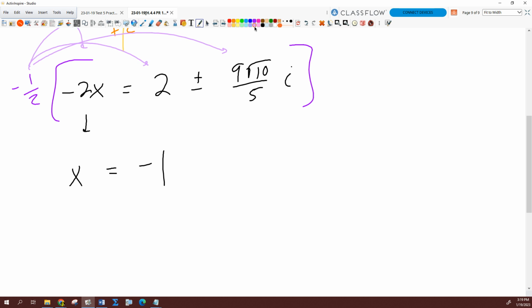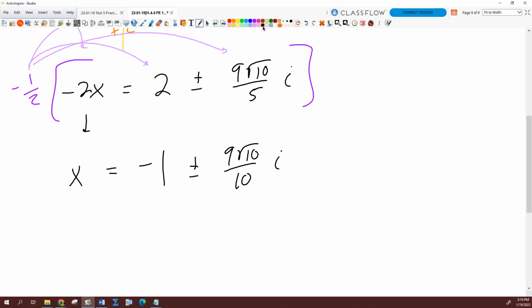I don't even need to worry about the minus because I already have both a plus and a minus, right? So I'm still just going to get plus or minus. And then multiplying this fraction by 1/2 just gives me a 10 on the bottom, doesn't it? 9 radical 10 over 10i. Good? Anybody see that? All I did was multiply straight across, didn't I? 1 on the top, 1 times 9 radical 10. Makes sense?